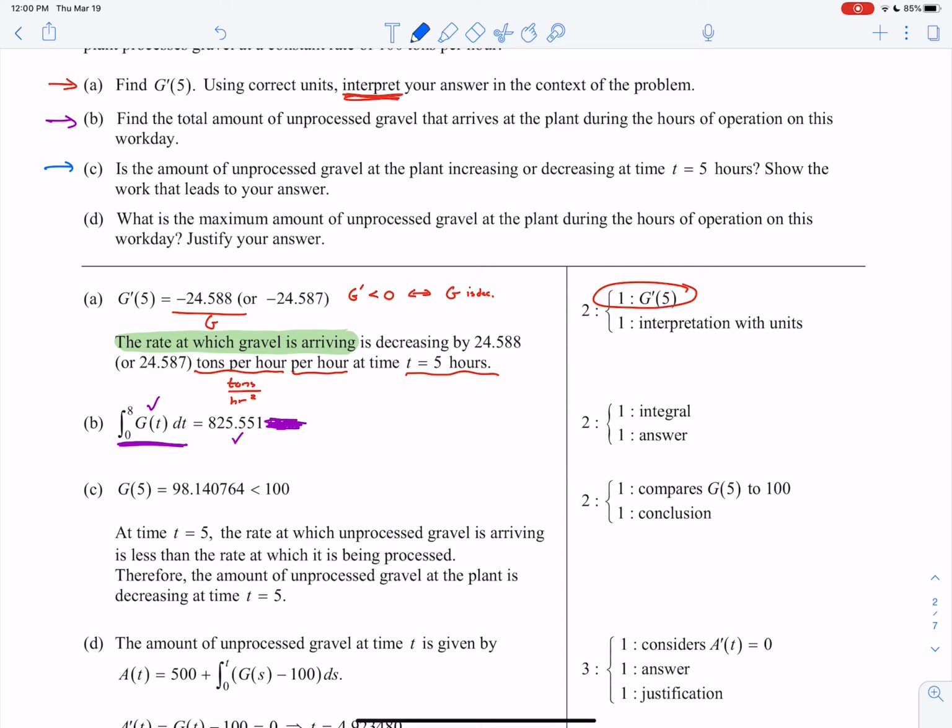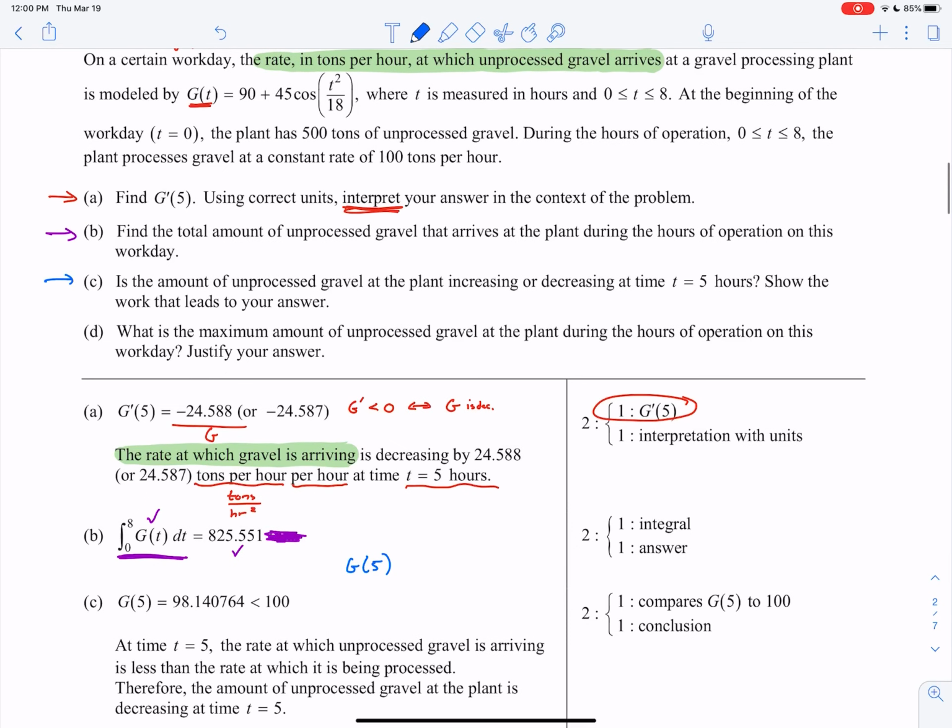So many ways that you guys could do this. The scoring guideline found out what g of 5 was, okay, which is the rate at which unprocessed gravel is arriving. Now we know that gravel is being processed at a constant rate. If you look at the last sentence here, at a constant rate of 100 tons. So if we assume that they're just breaking this gravel down, okay, that's kind of like your out function.